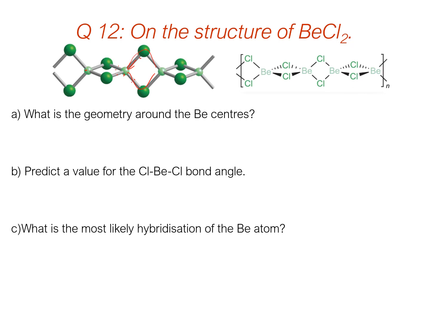So we look at how many electron pairs, so bonding pairs and lone pairs, are around the central atom. So if we take the beryllium center here, it's got 4 bonding pairs around it, here, here, here, here, and no lone pairs. So it's got four electron pairs, and that means it's got a tetrahedral geometry.